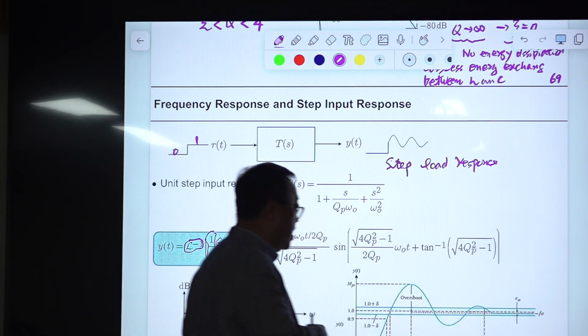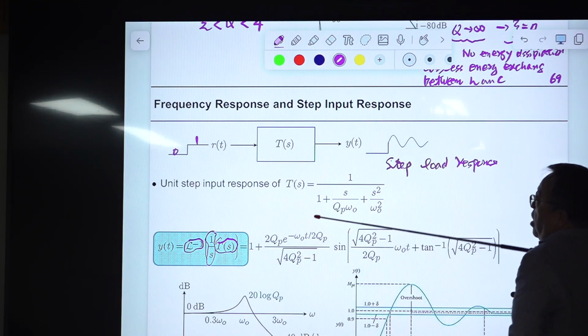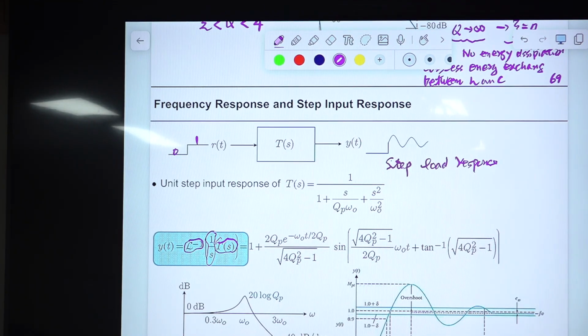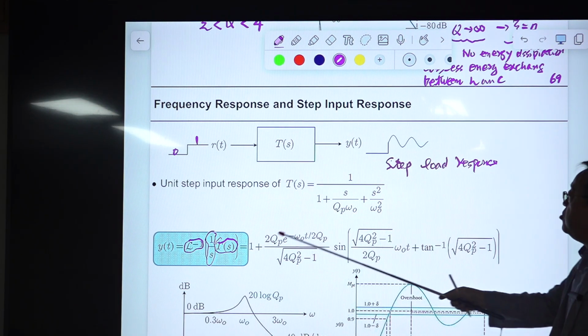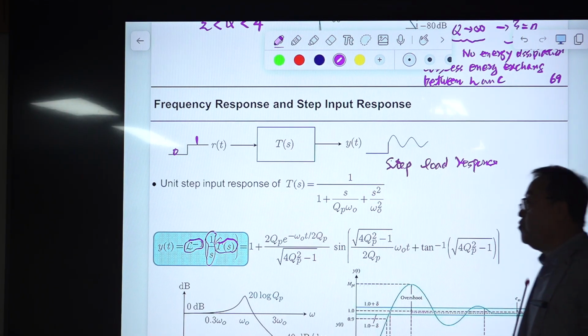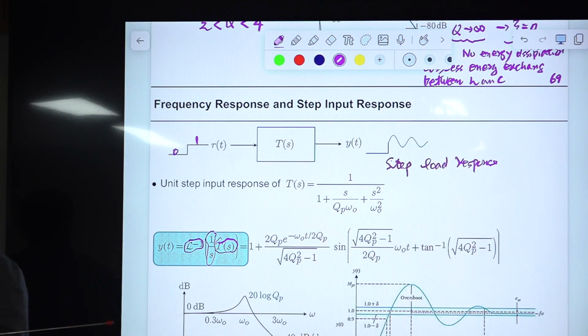This is the step input response of this standard second order system, and it is covered in older control books. So deriving this is not important. You need some tricks to derive this equation, but it is fully covered in many books. I'm using the book by Bob Erickson, Fundamentals of Power Electronics, and he derived this for me.